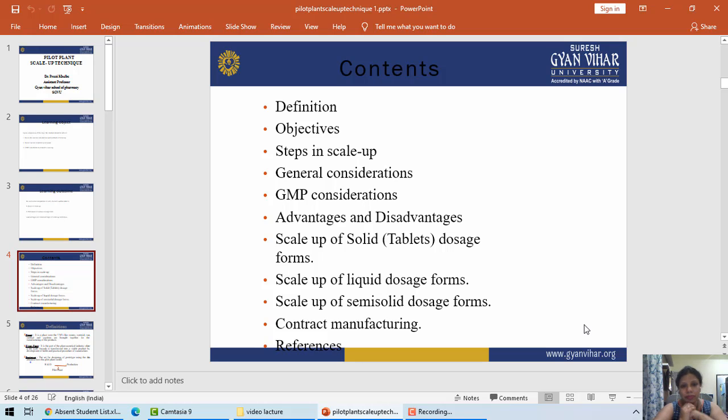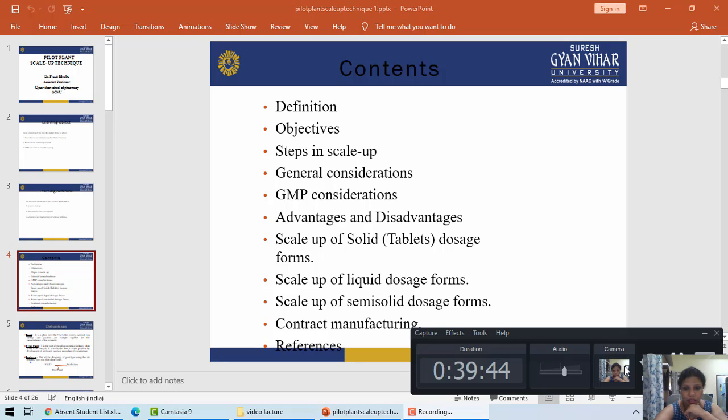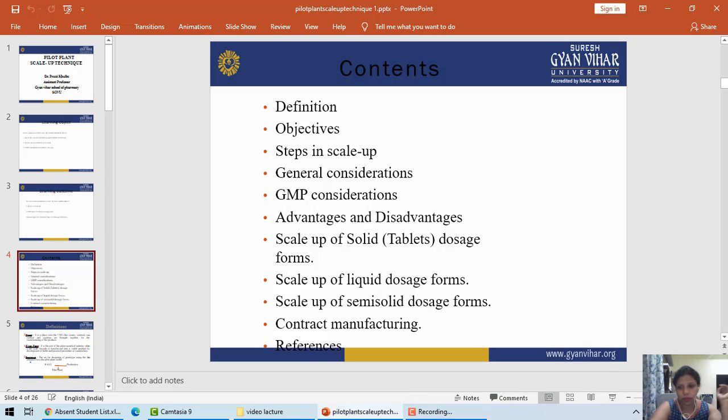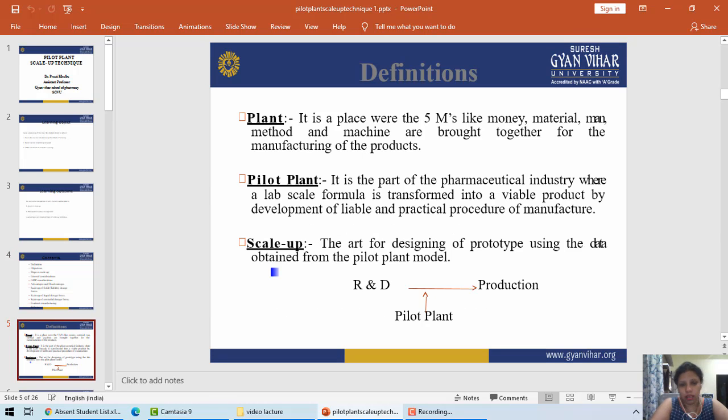We have discussed the definition, objective, steps, general consideration, advantage and disadvantage. Next we will discuss in the next class.